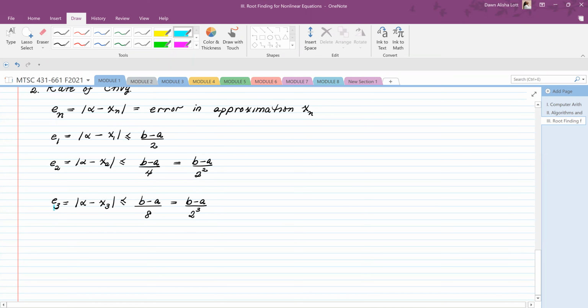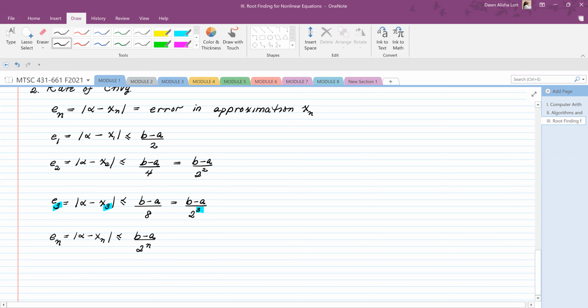Once I see the pattern, I can say that En, the absolute value of alpha minus xn, is less than or equal to b minus a over 2 to the n.